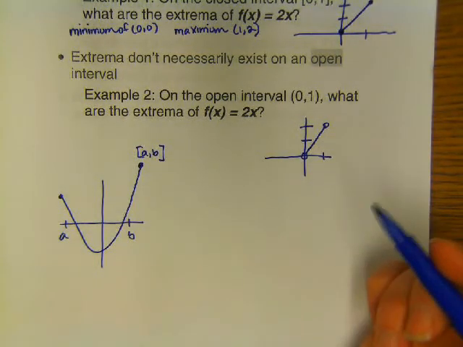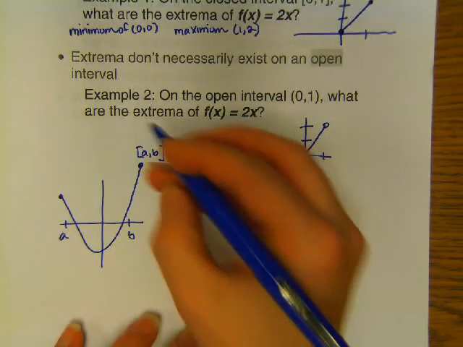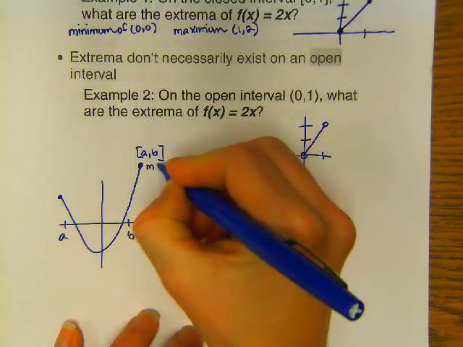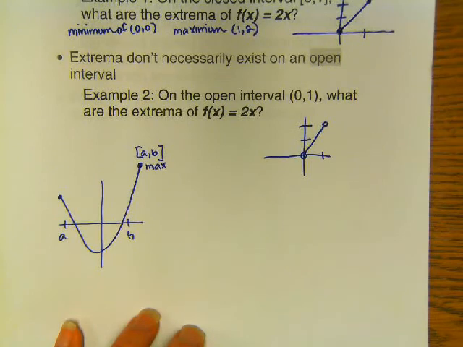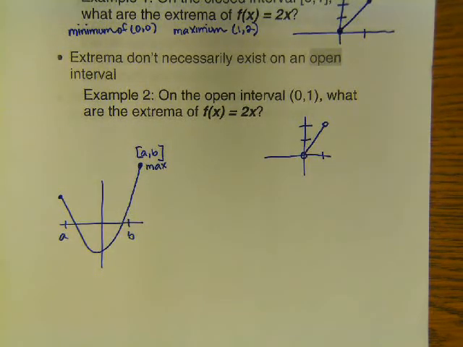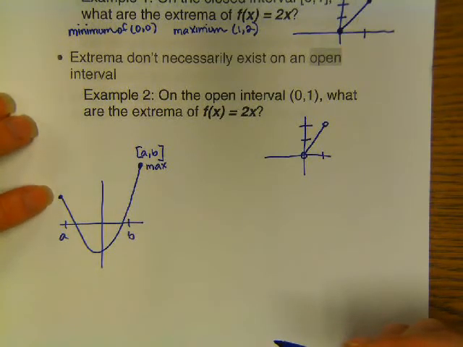So we look, and this is the maximum because it's the absolute highest point on the interval A to B. And in this case, this is not the minimum because there is another lower point. So this would be the minimum.